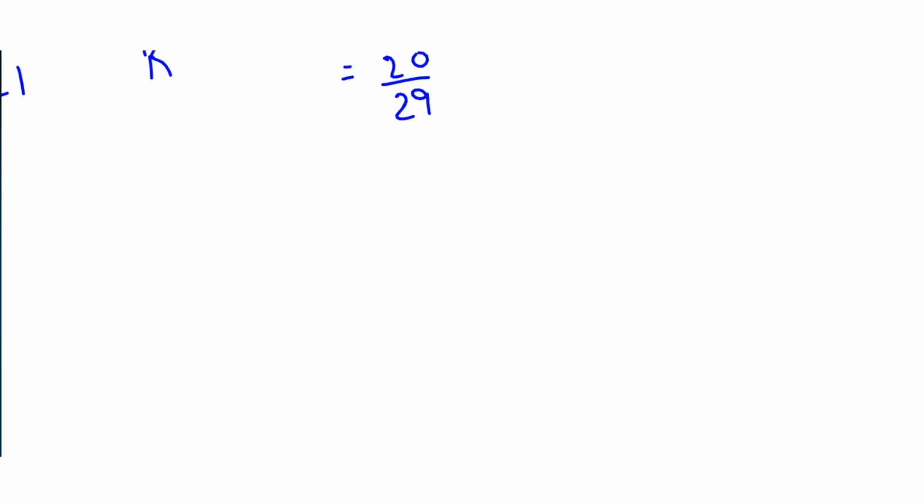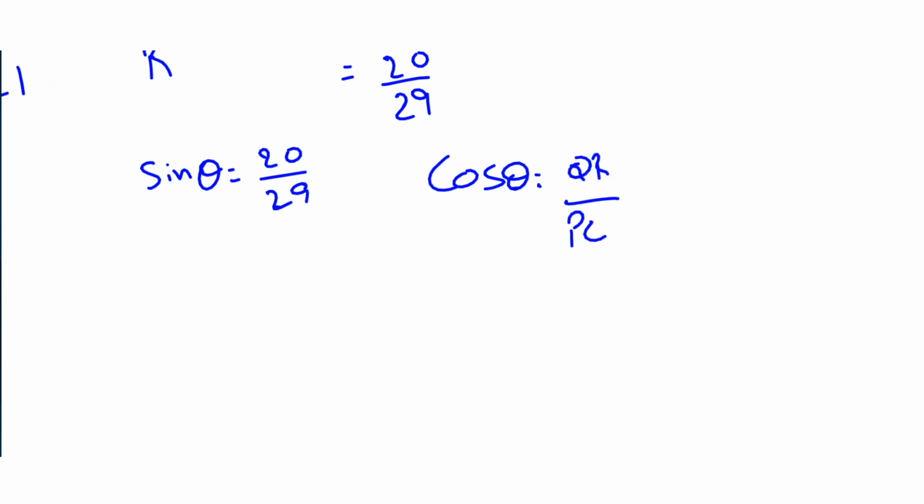So sin theta equals 20 by 29, and cos theta equals QR by PQ, that equals 21 by 29. So you know the values of sin theta and cos theta.